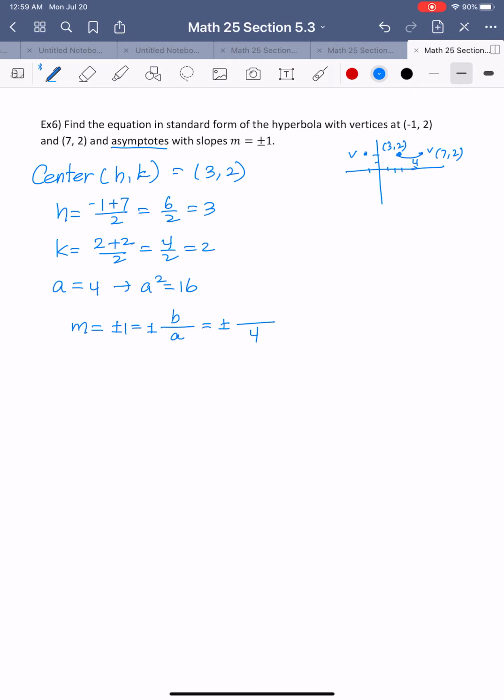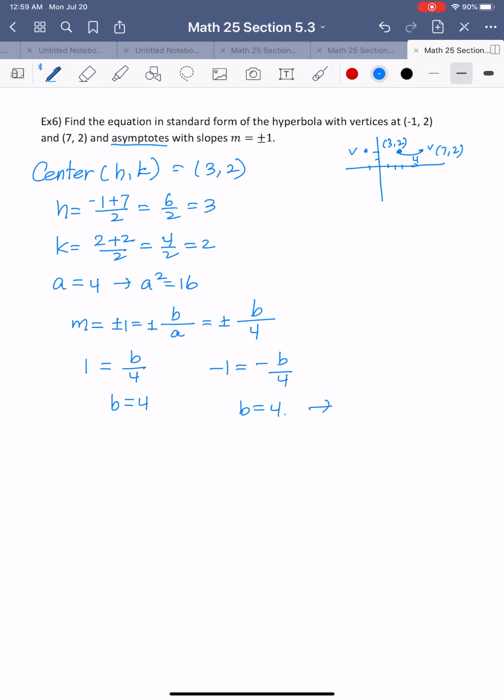Now we have to find b. So let's say 1 equals b over 4, so b is 4. And in the other way too, negative 1 equals negative b over 4, so b is 4 too. Which means b squared is 16. So a squared and b squared come out the same this time.